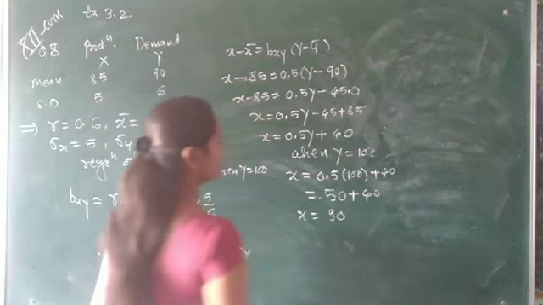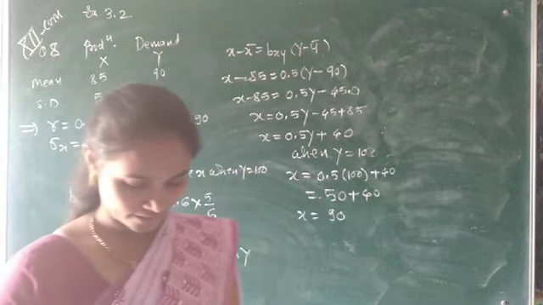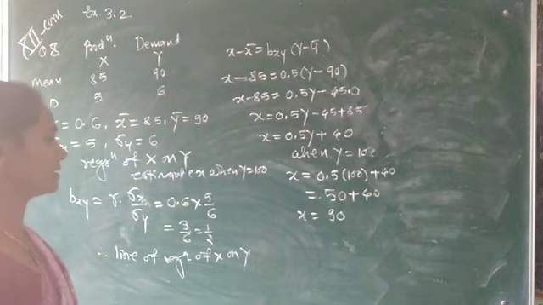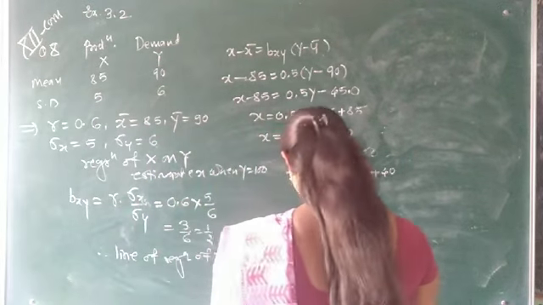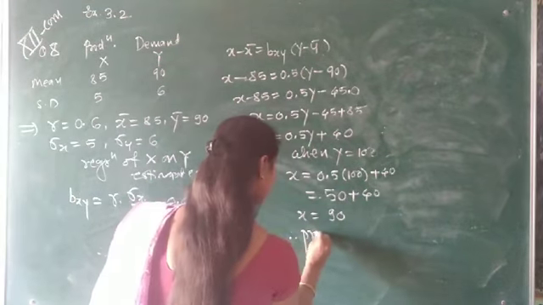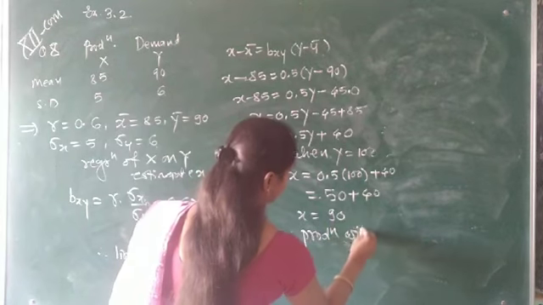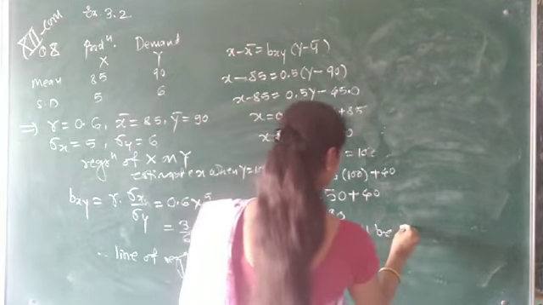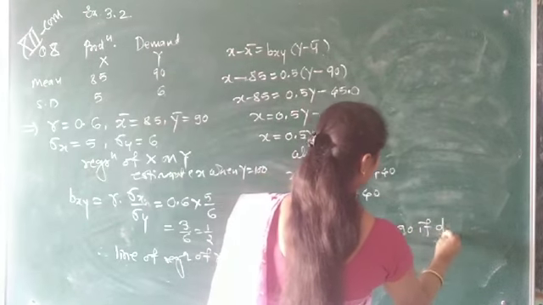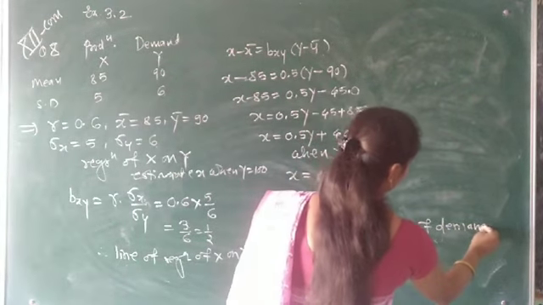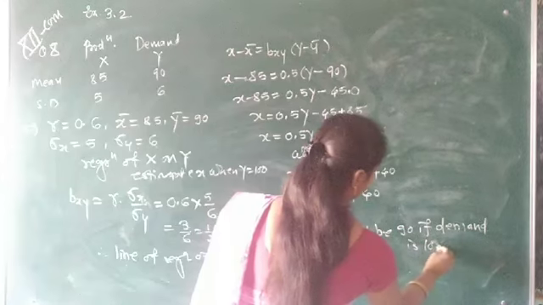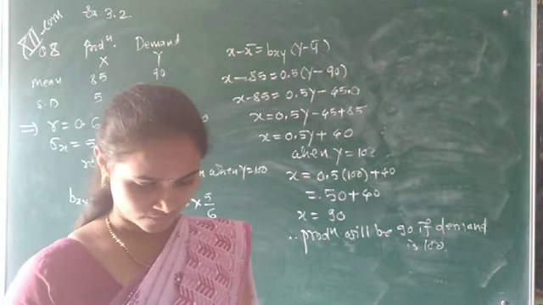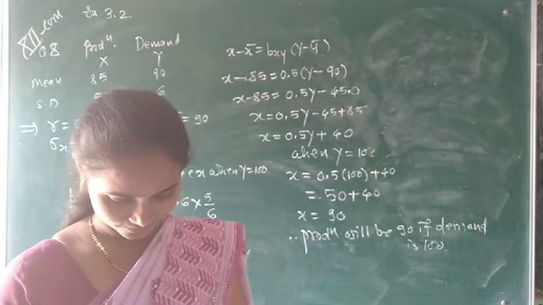Therefore x is equal to 90. Here the production will be 90 if the demand is 100.